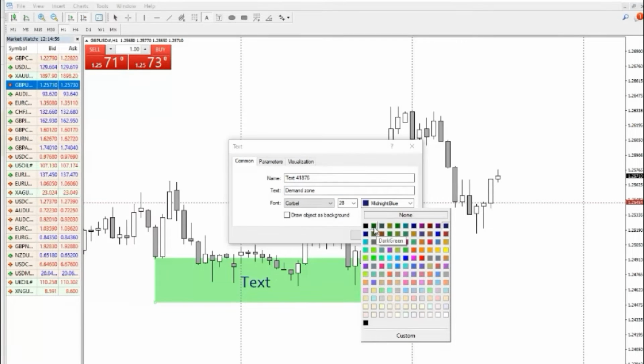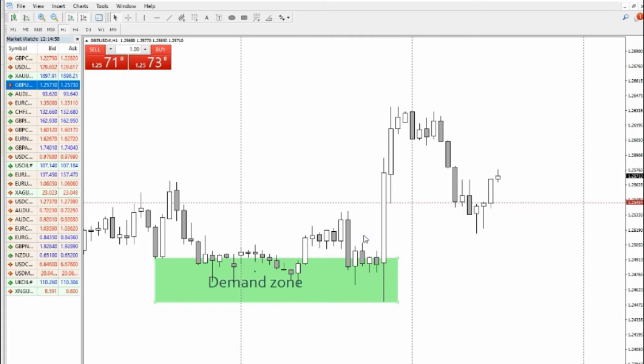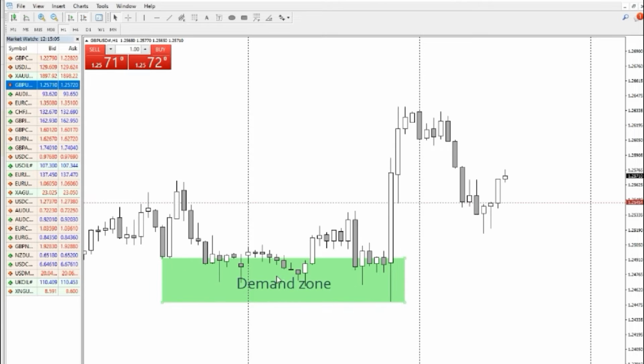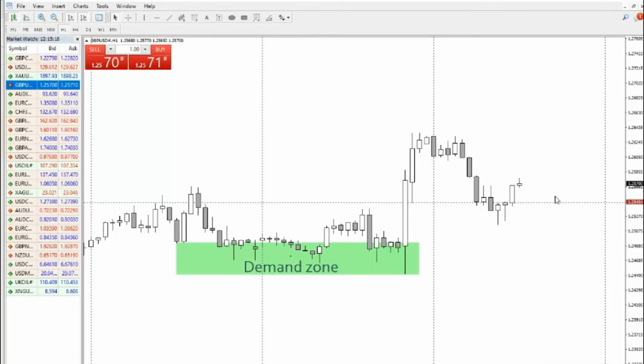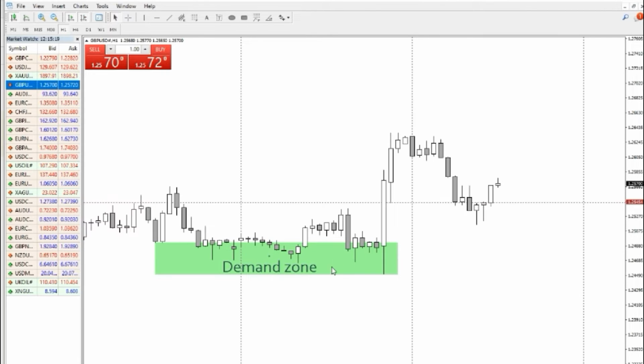Can we find a dark green here? I think we have one here. So we had a demand zone here which saw that impulse leg during the later part of yesterday.